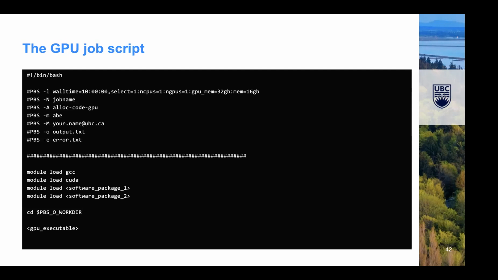So you submit what's called a job script, this script here, with your instructions to run your analysis, whatever that may look like. The #PBS lines at the top are the directives, or instructions, you're giving to the scheduler to decide how to schedule your job.